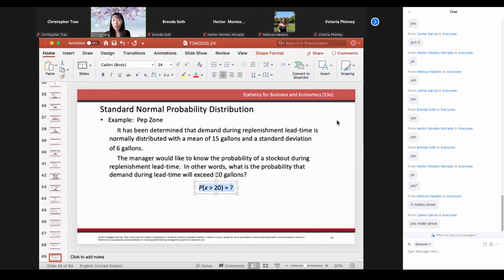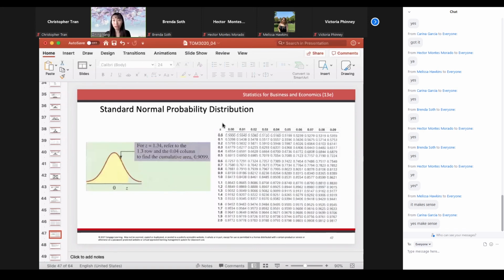And now let's try to link it to what we just saw earlier. So we've seen this, right? If we know that the distribution of demand has a mean of 15, then we know that the center here is 15.